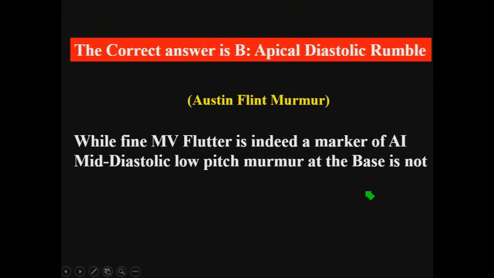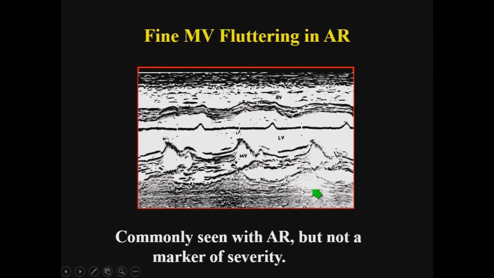While fine mitral valve flutter is indeed a marker of AI, mid-diastolic low pitch murmur at the base is not. Remember that fine fluttering of the anterior mitral leaflet is commonly seen with aortic regurgitation, but it is not a marker of severity. So the fact that it's there doesn't say that aortic regurgitation is severe.